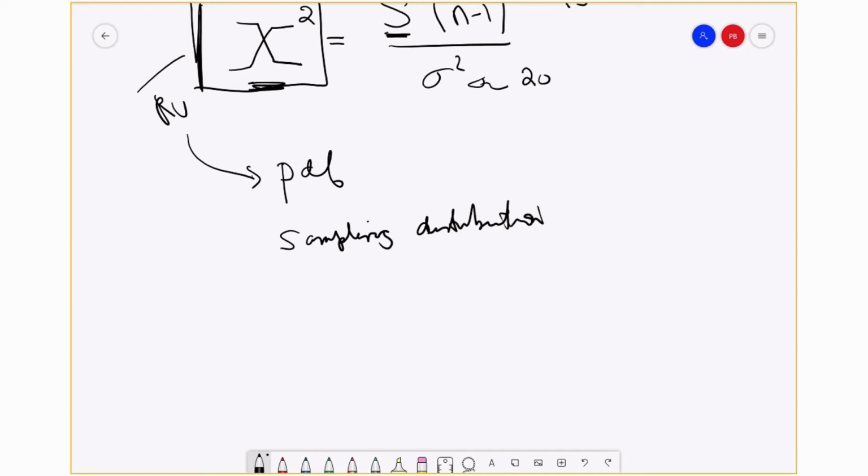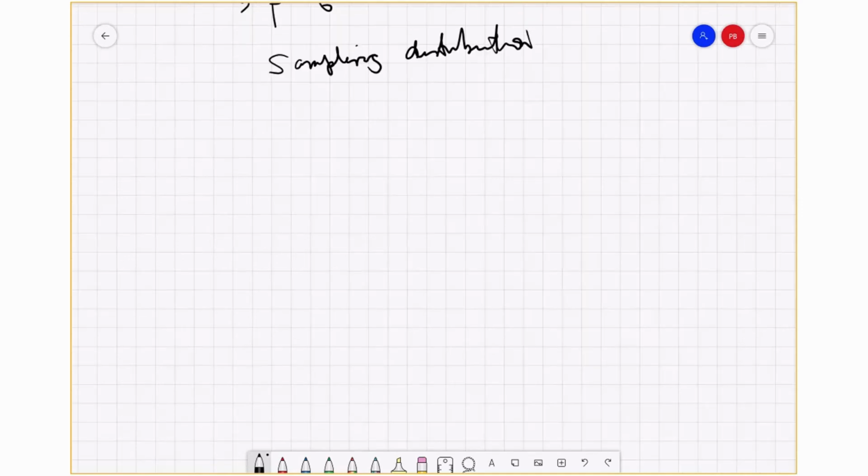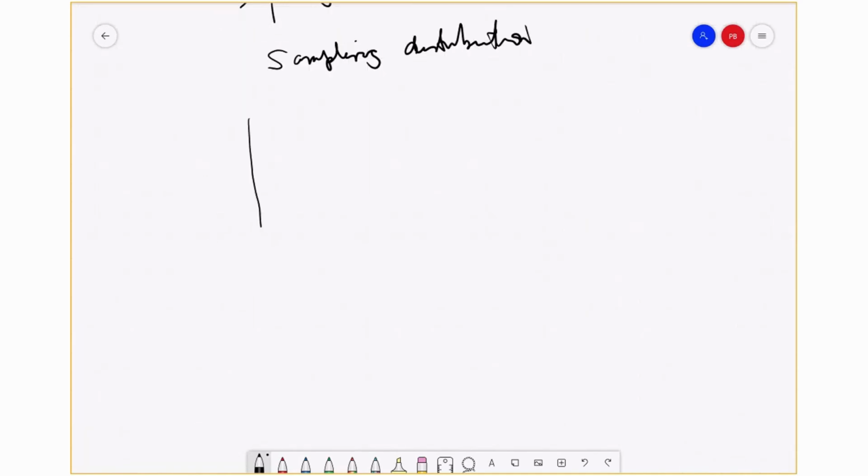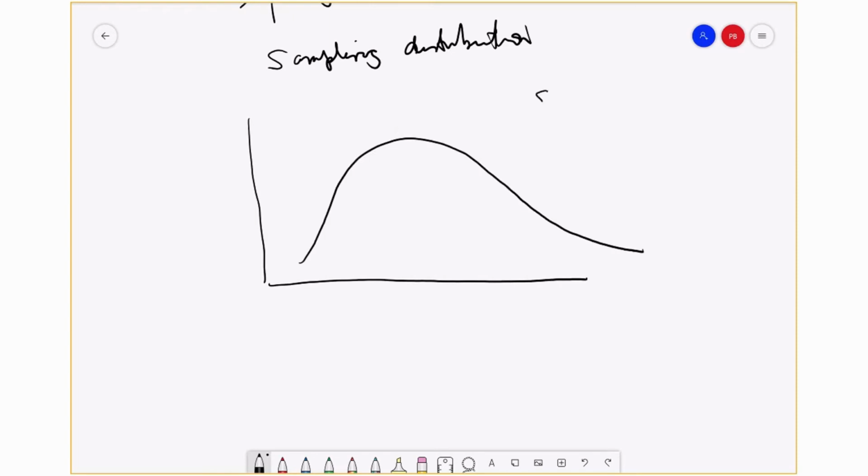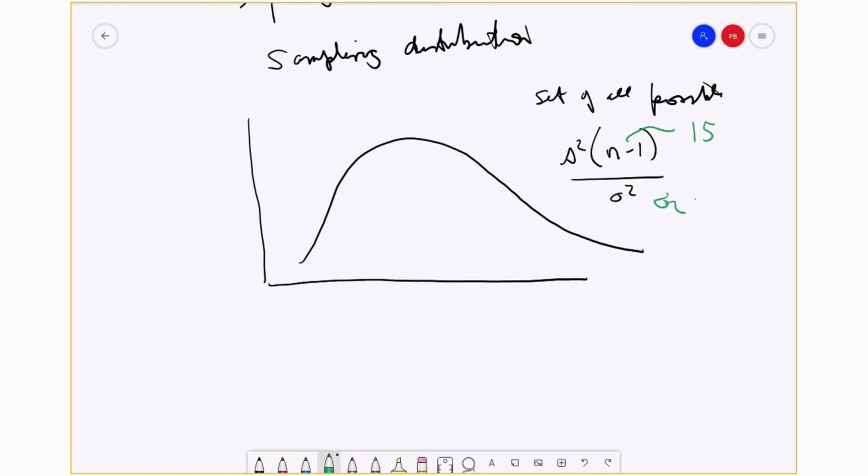And I could go online and I could find a table that would show me something that looks like this. So this would be a set of all possible values of s squared times n minus 1 over sigma squared, where this is equal to 15 and this is equal to 20.